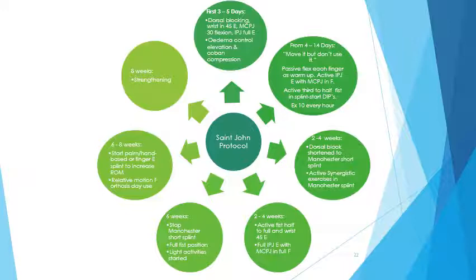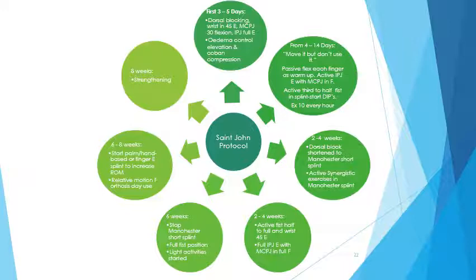Also from 2 to 4 weeks, active half of a fist to full fist can be progressed, and wrist active movement up to 45 degrees of extension. Full IPJ extension with MCPJs in full flexion.